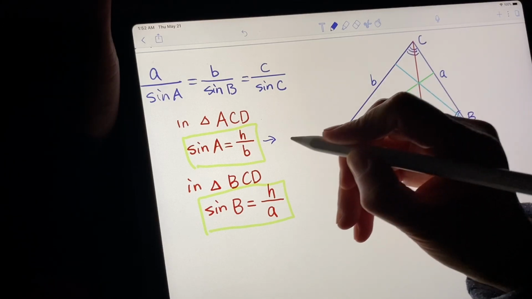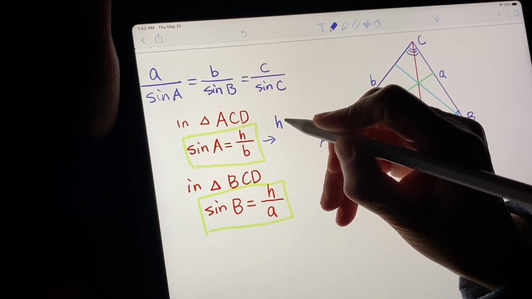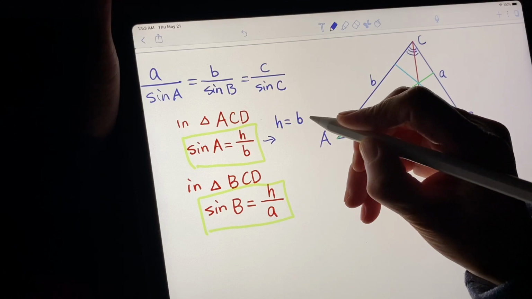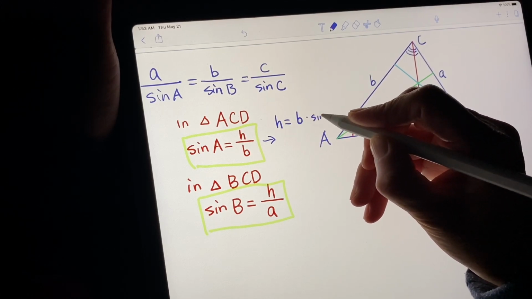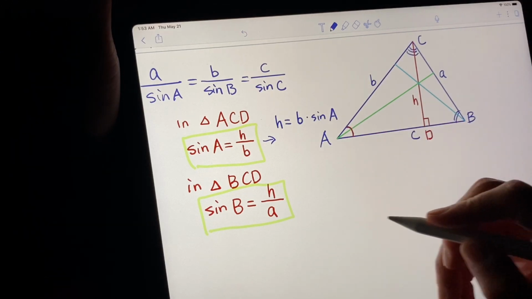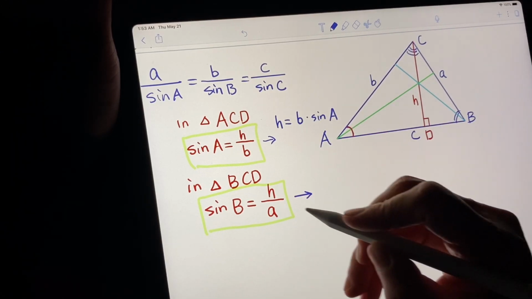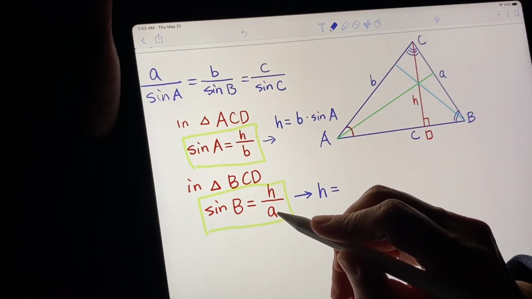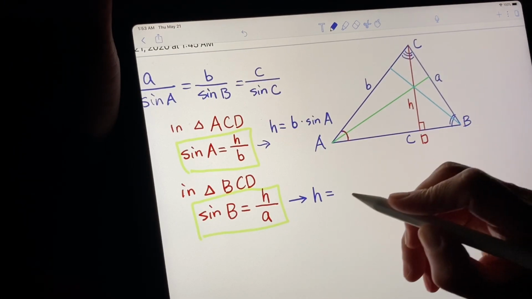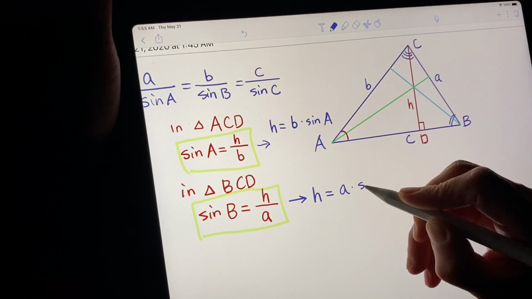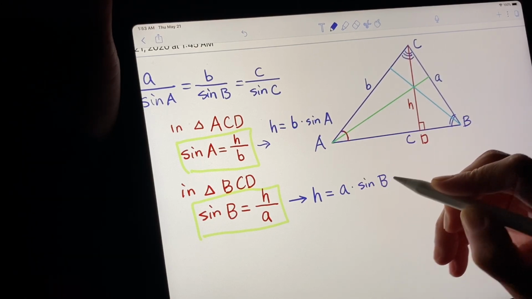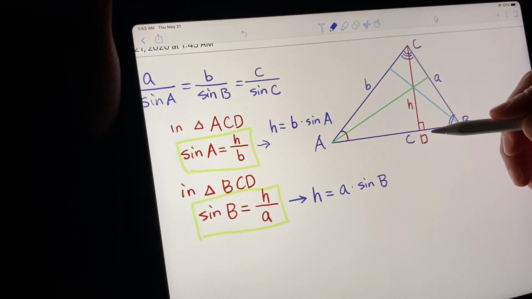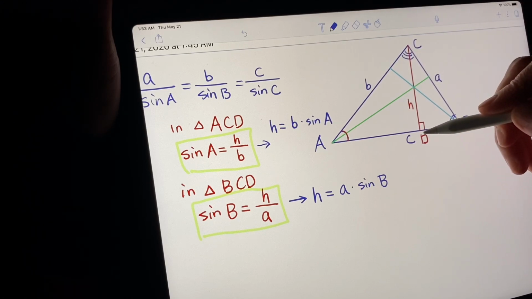We can derive h equal to b times sine A. And from this equation, we can derive h equal a times sine B. h is the same h. It is the same height. It's exactly the same, does not even need to change.